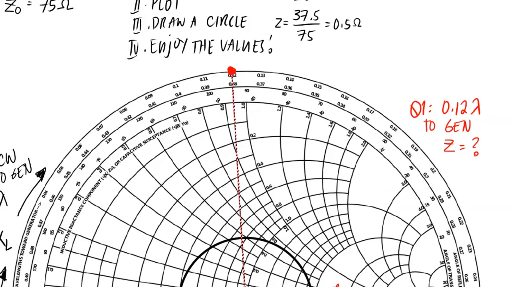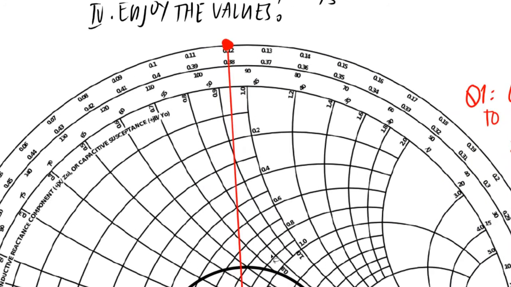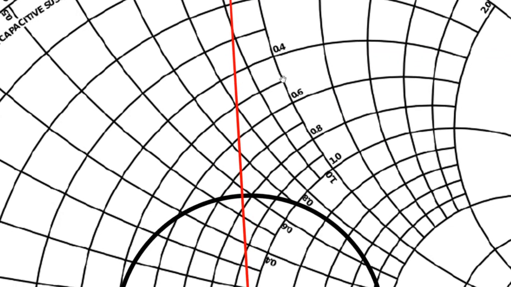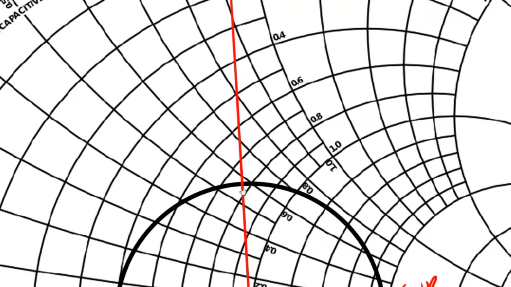Perfect. And then, the intersection of the line that you have made with our circle is this. Here it is. This will describe the impedance on your transmission line 0.12 lambdas towards the generator.